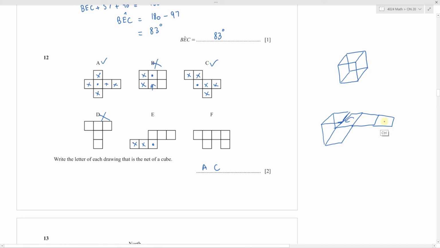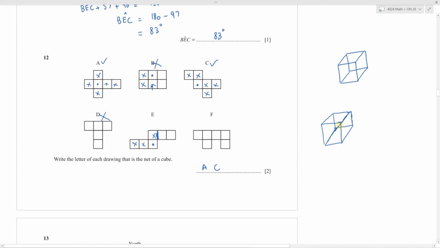So let's do that. So I'll form the back side of the cube, and once I fold this to form the back side, I will have two faces like this, these two, and then I can fold this one to form the right side. So let's do that.